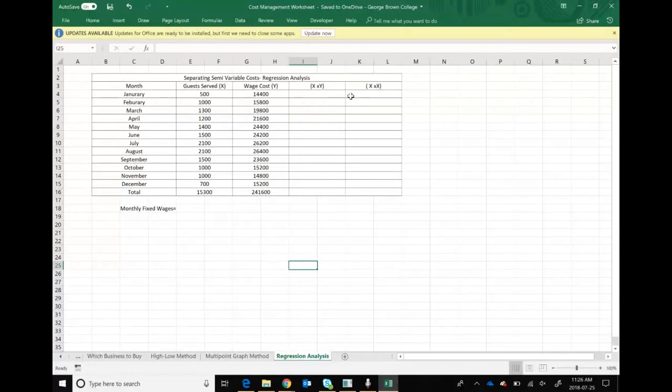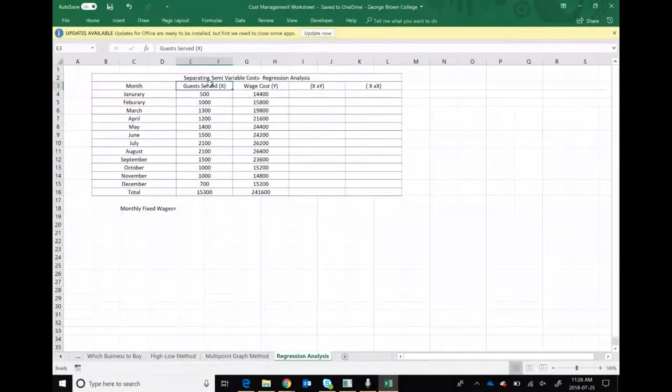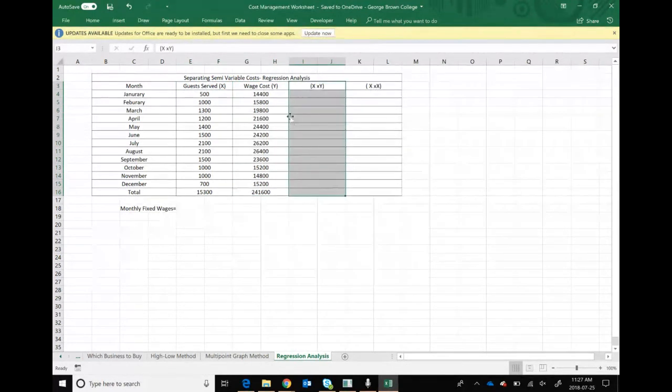Okay, so first, if we look on Blackboard here, we've got the same information we started with. We've got our guest counts as the independent variable and our wage cost as the dependent variable. In this column here, we're going to multiply x multiplied by y.